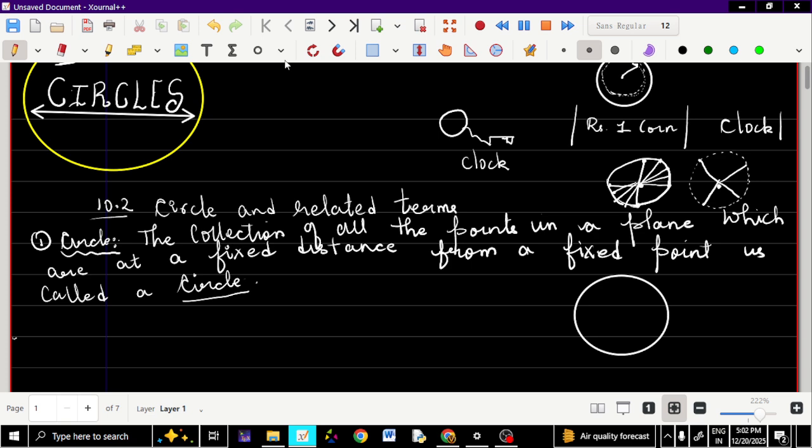okay, around some random fixed point here, this fixed point I'll call O. Now this fixed point O is called the center of the circle. Okay, the fixed point O in this figure is called the center of the circle.